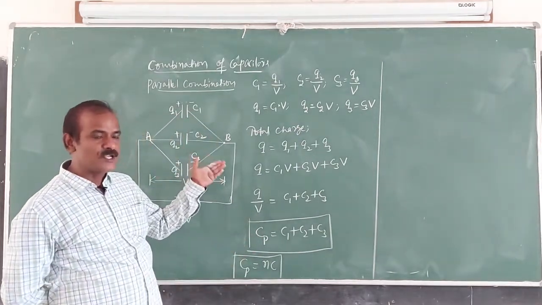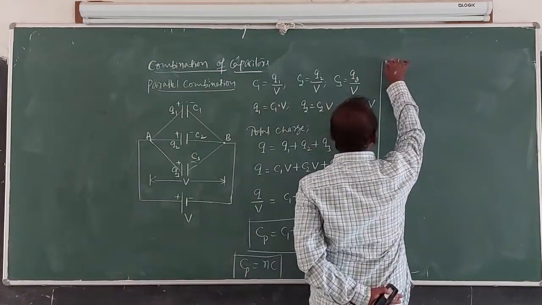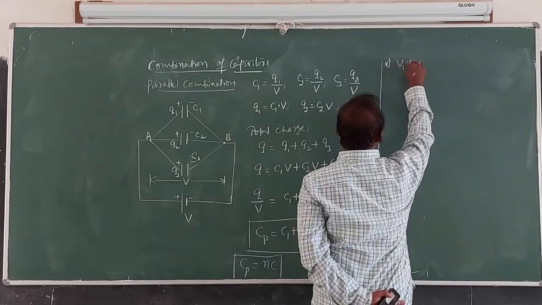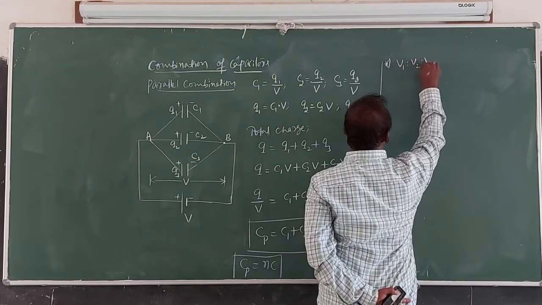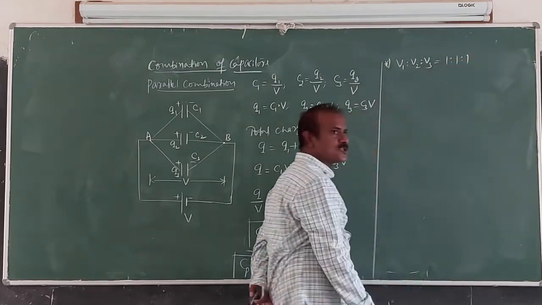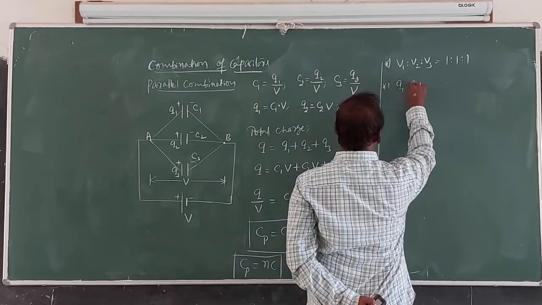For series combination it was C by N. Also you remember, here potential ratio is the same, 1:1:1, potential is same.